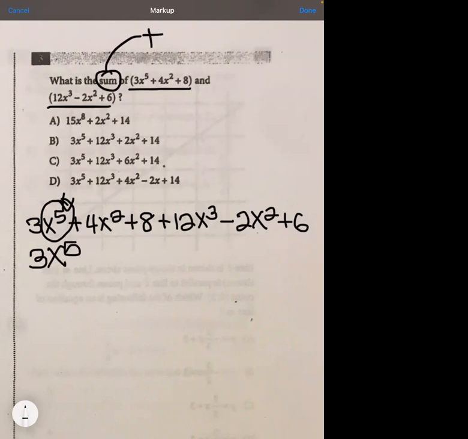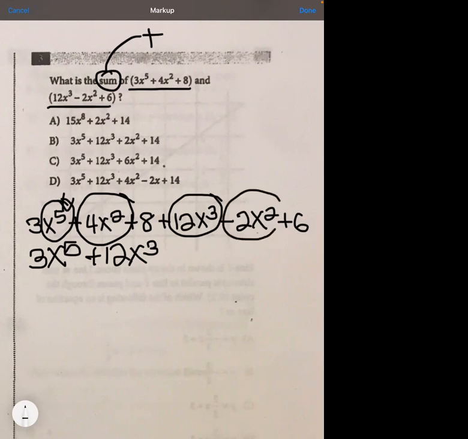The next one is to the power of 3. There are no other values in this equation with a power of 3, so we will just copy that down. As we move on to the squared terms, we see that there are two values with the same power, 4x squared and negative 2x squared, so we can combine these.